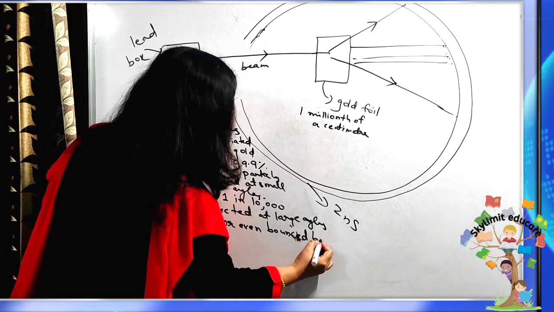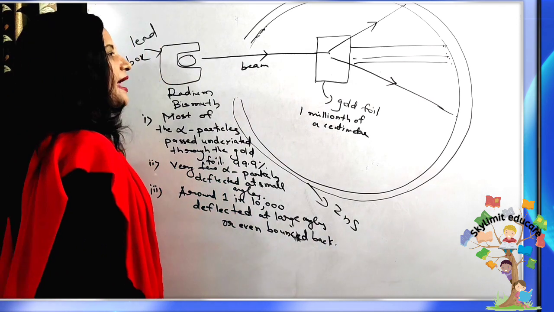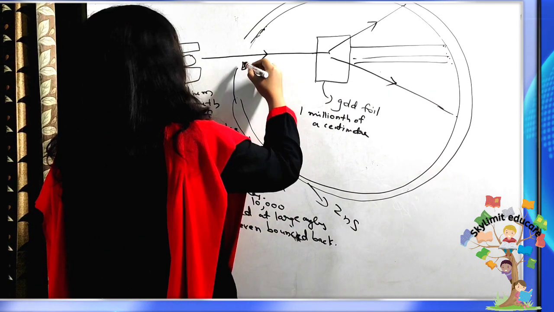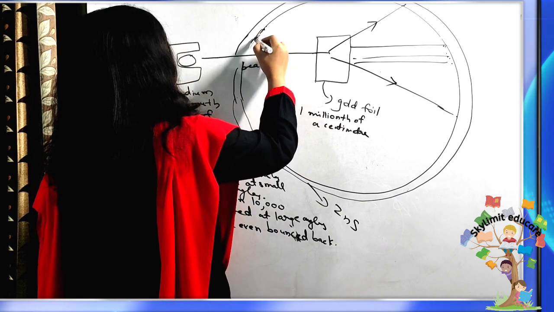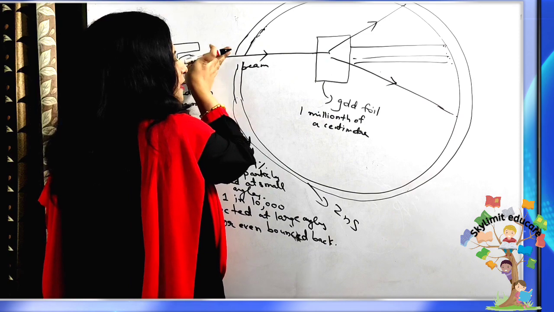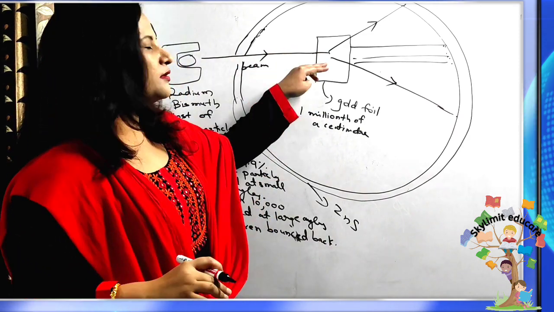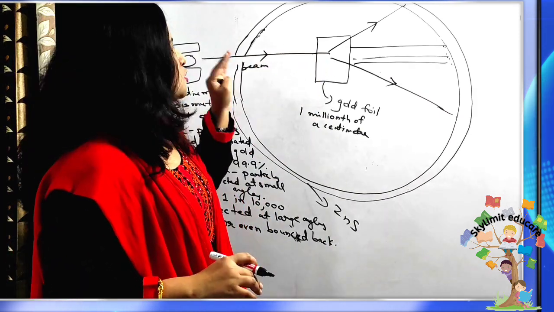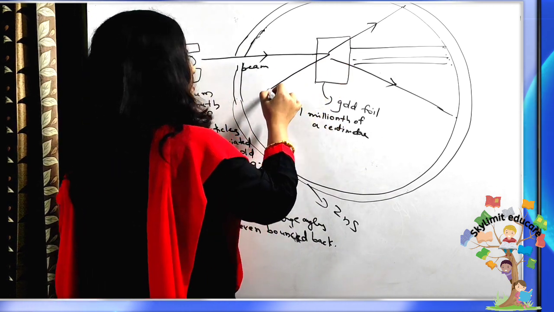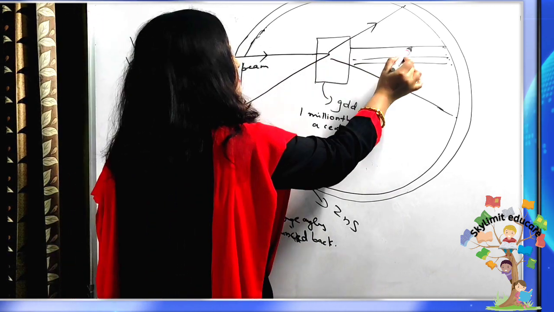Bounced back means what? They got deflected at an angle of 180 degrees. Understood? This was completely surrounded, and only a narrow slit was left for the alpha particles to be bombarded on this gold foil. So some alpha particles showed deflection at large angles. Instead of going like this, they were deflected.